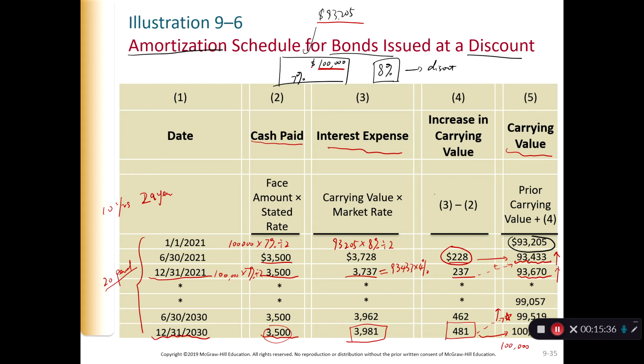By issuing the bond at a discount, it means that over the life of the bond, your interest expense is growing. At the same time, your carrying value of the bond is increasing, and it increases to equal the stated face value of $100,000 at the last period. It grows back from the discounted value to the stated value of $100,000.